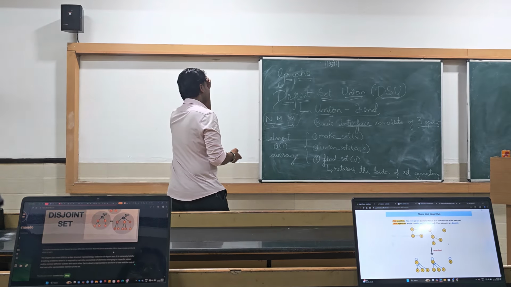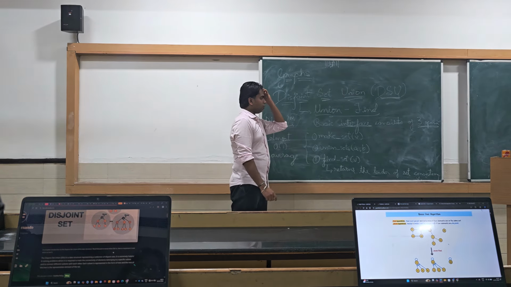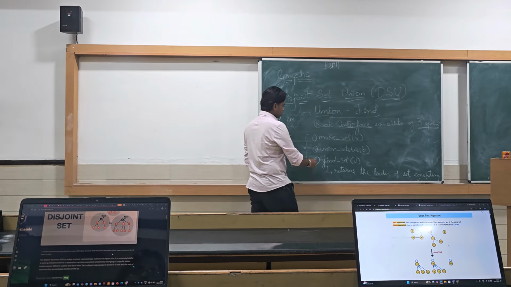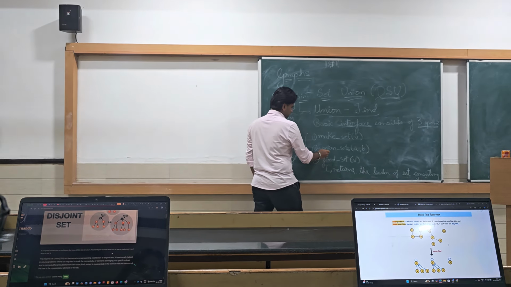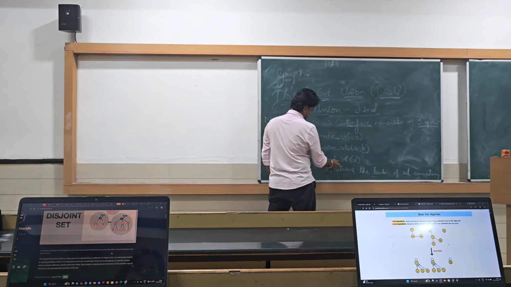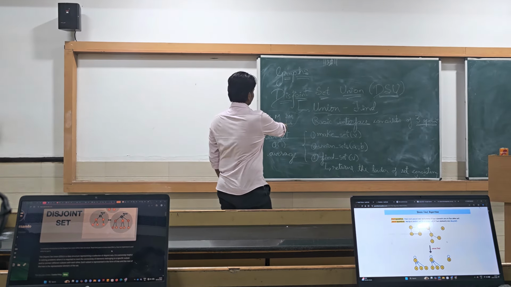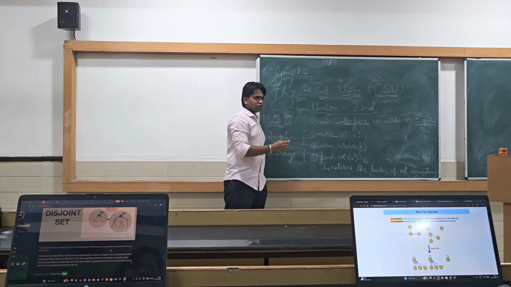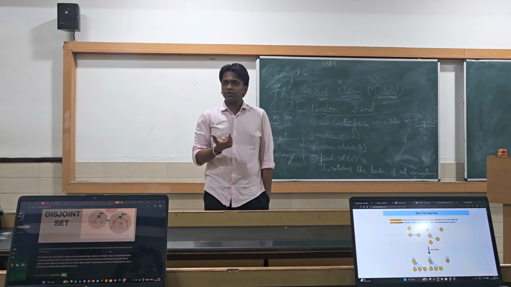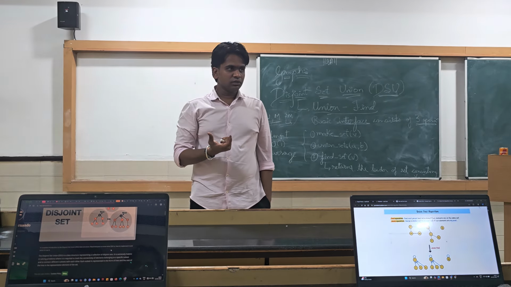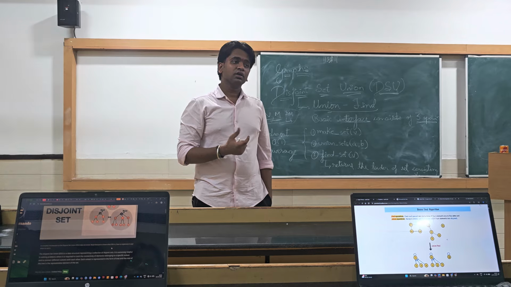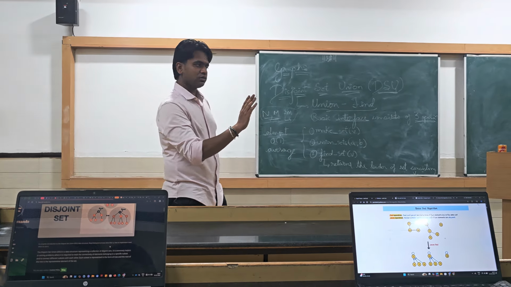So similarly in union find you have 3 operations. One is called make set, then union set, and then find set. Basically the name itself says disjoint set. So set, what is it? It contains only unique elements. Very clear? Super.